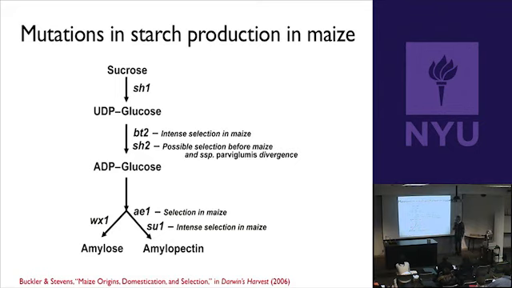And again, we'll talk about where that evidence comes from later on. But the point is, not only have these genes changed between teosinte and domesticated corn varieties, but they're likely to be the changes that were actually selected during the domestication process.